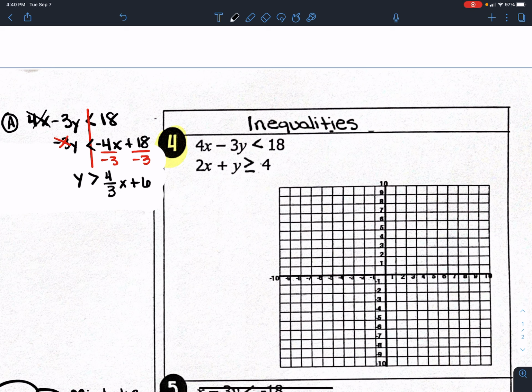Okay, so for equation A, the y-intercept is at 0, 6. The slope is 4/3. And with the inequality, y is now greater than, that is going to be a dashed line.